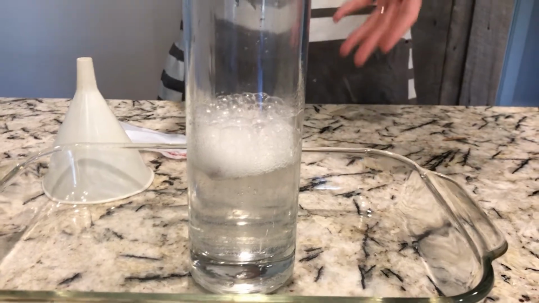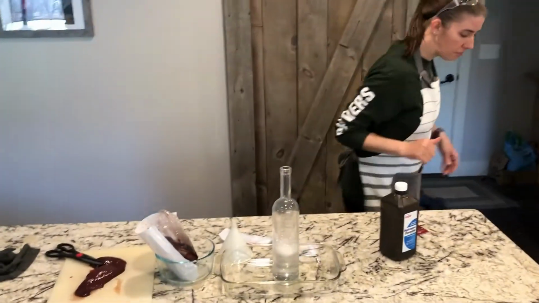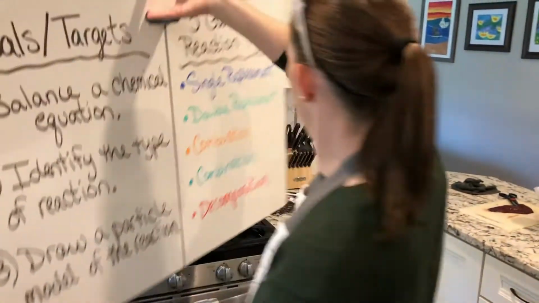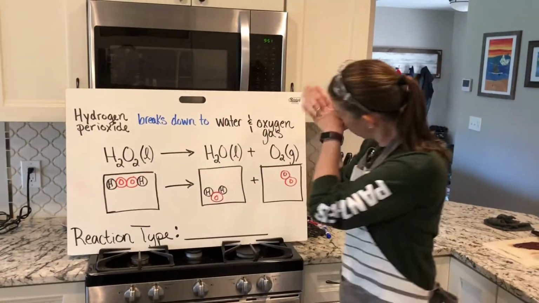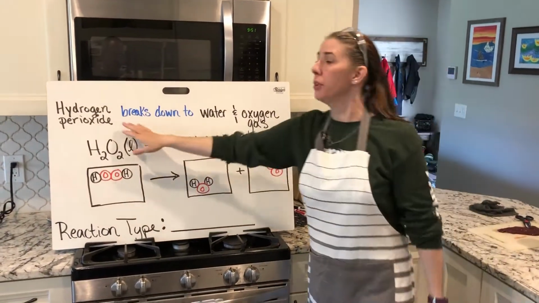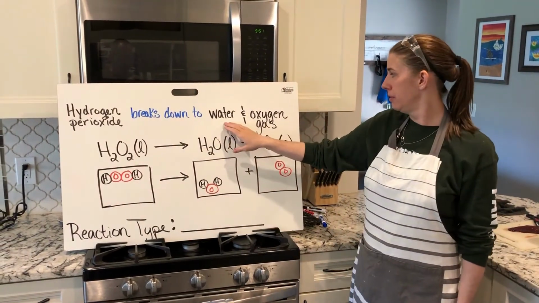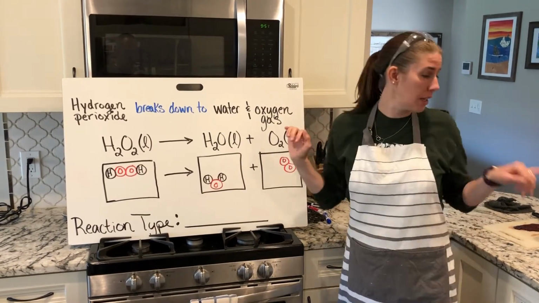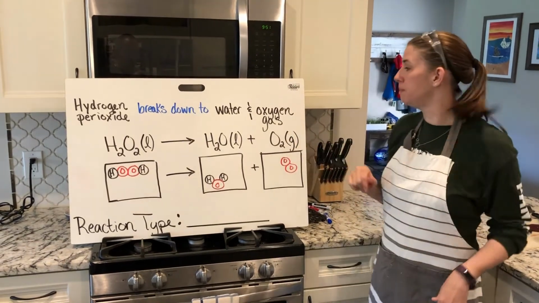All right, let's talk about the chemistry that's happening with this reaction. So hydrogen peroxide, we already talked about it breaking down to make water and oxygen gas. We know it's oxygen gas because that flame glowed brighter as it fell into the bubbles.